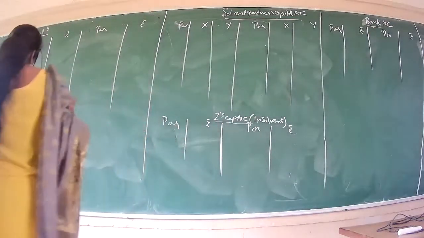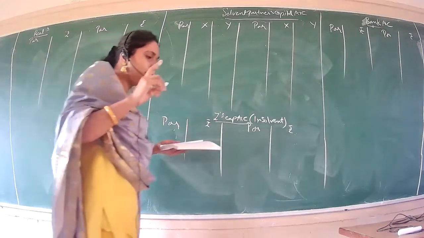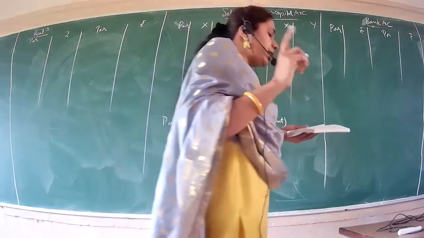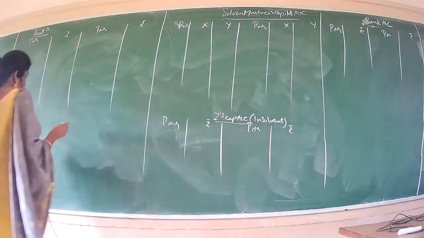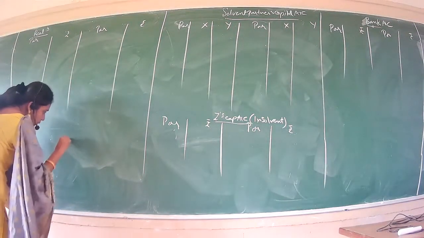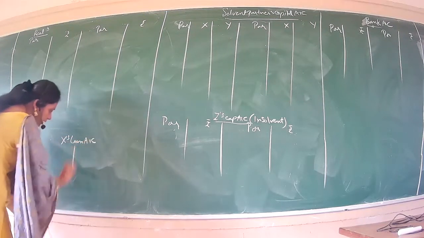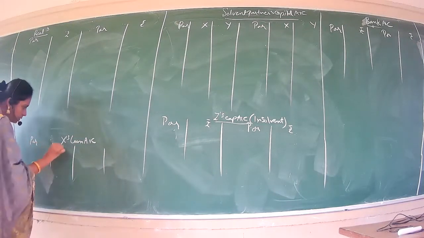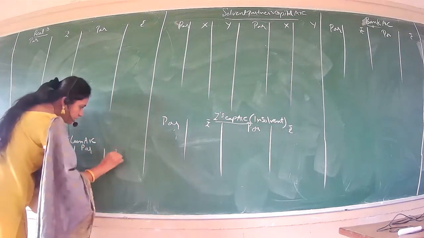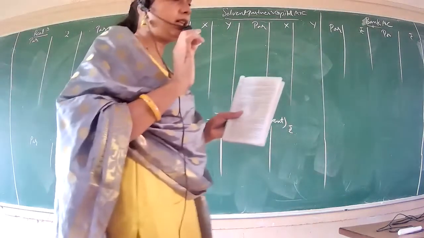And if you have the information about partner's loan, then we have to open a separate partner's loan account also, and the same is in this question: loan from X. So we need to open one more extra account, your X loan account here. Particulars, amount, particulars, amount. So finally all four accounts are here.